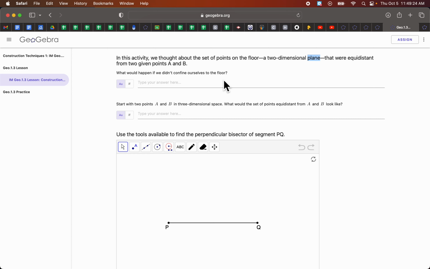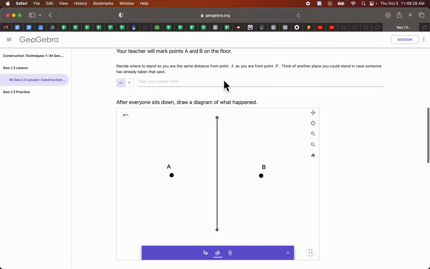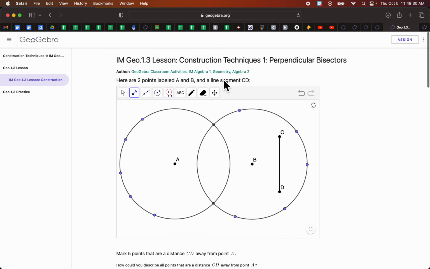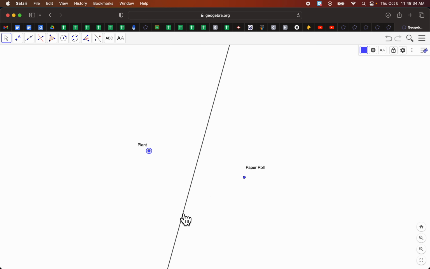Now this is where I broke out the magic 8-ball, and we thought about, well, it would still have to be exactly between them, but we could lift it up or lower it down, right? So we would end up with, the way somebody described it, a wall.